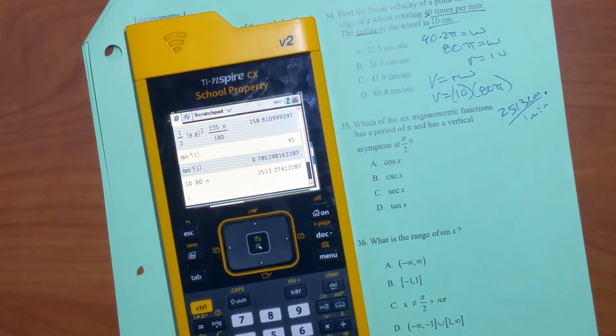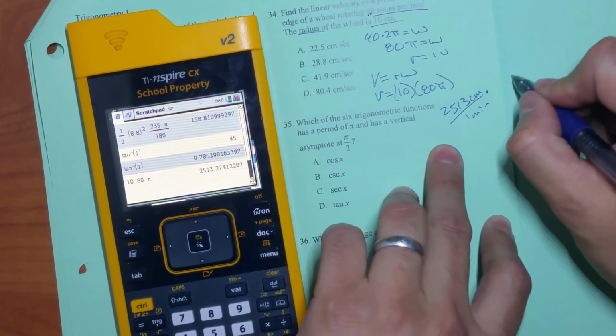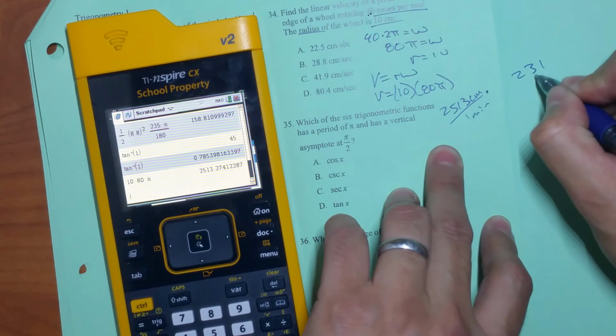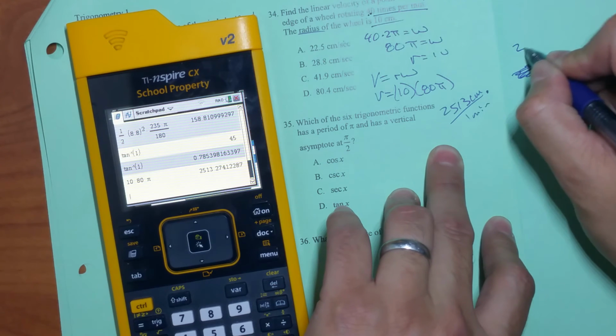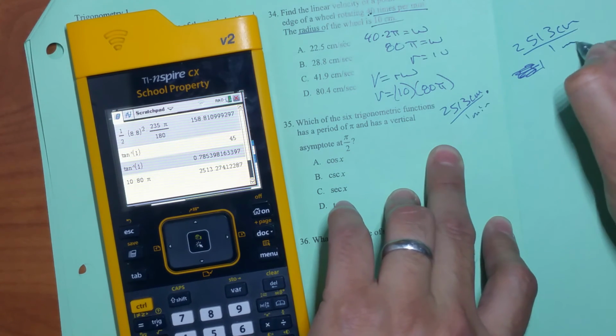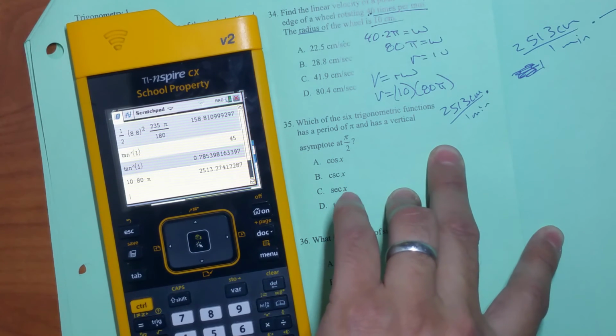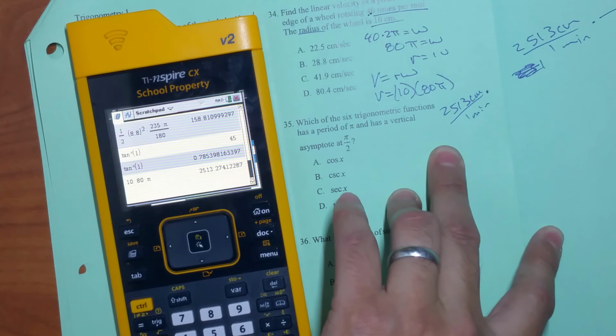I can grab my scratch paper so I don't write all over everything else. So 2513 cm over 1 minute, times, for my unit conversion, where does minute have to go? On top. What goes on bottom? Seconds. We know that 1 minute is 60 seconds.